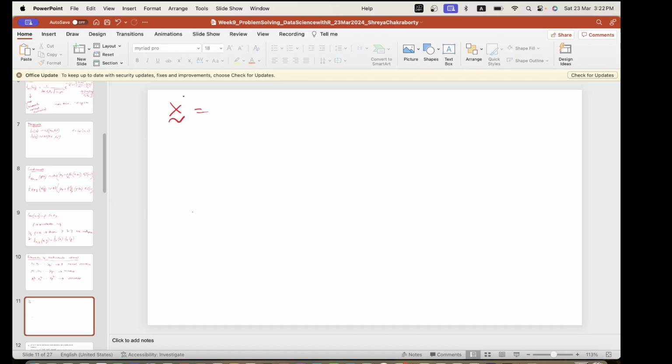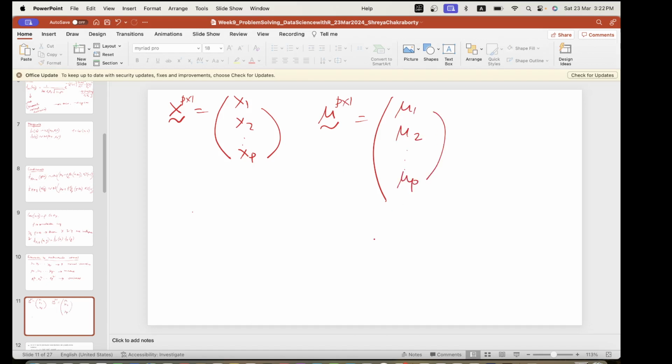Let's say x is a p cross 1 vector, x1, x2 up to xp, and mu is the mean vector, which is also a p cross 1 vector with mu1, mu2 up to mu p.